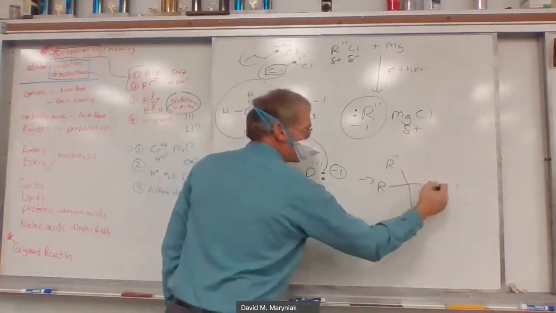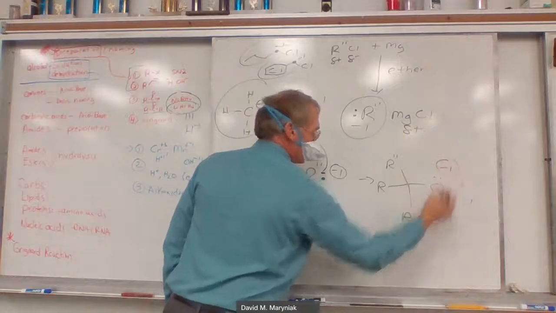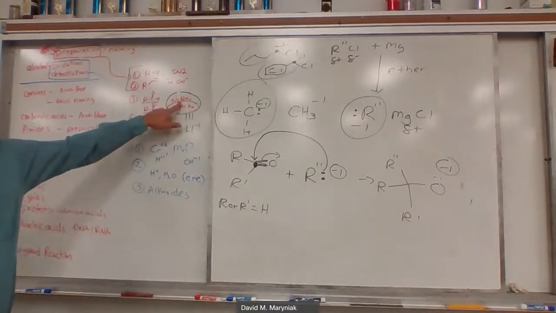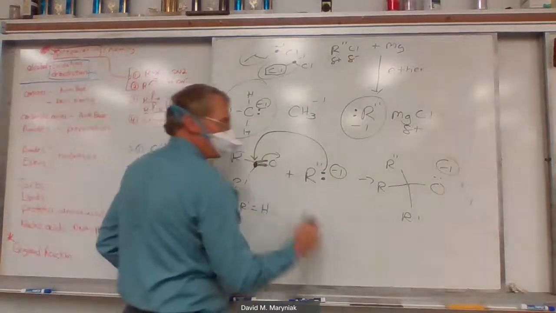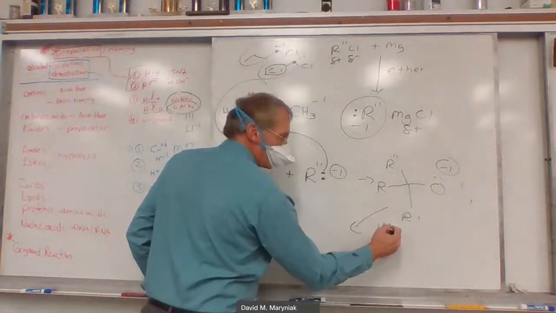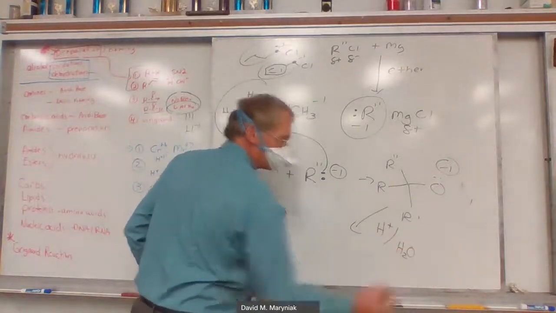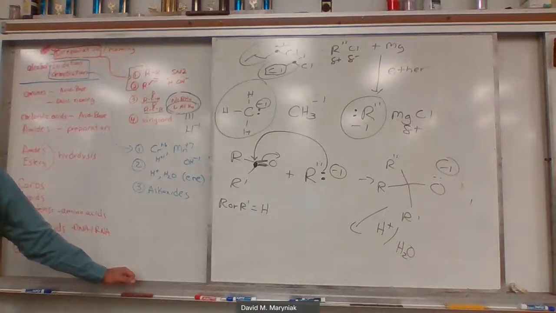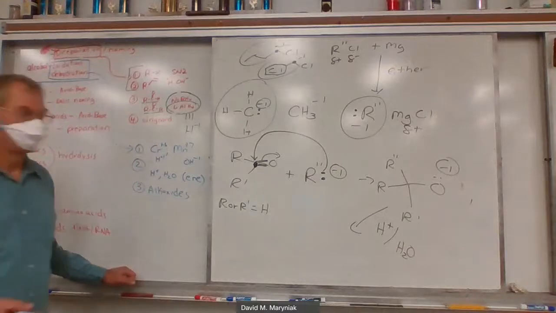Now, how many carbon groups are on the original carbonyl carbon? 3. And then just like with the reductions, after we add our Grignard, do we work it up with water and acid? And what do you guess the O picks up in water or acid?